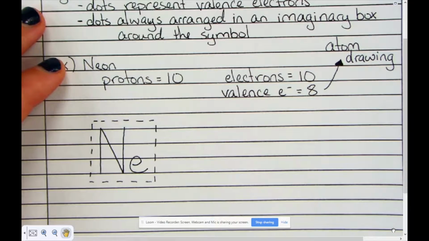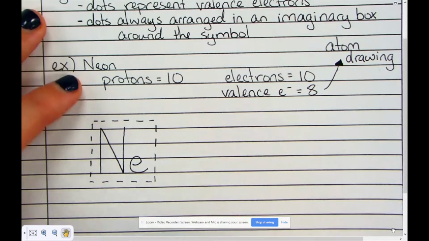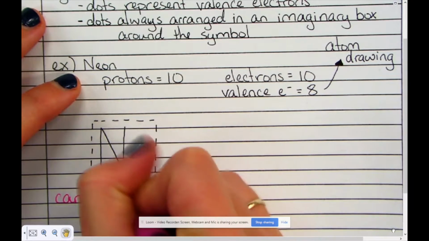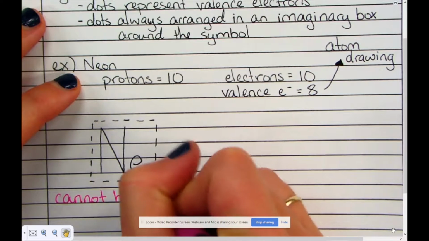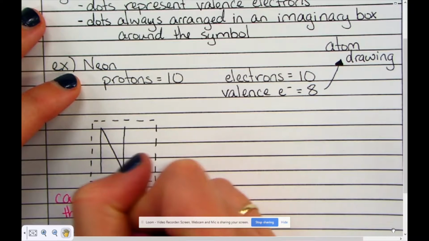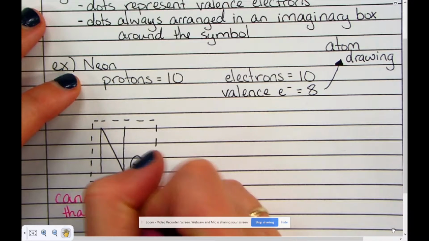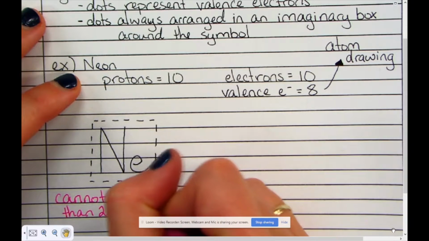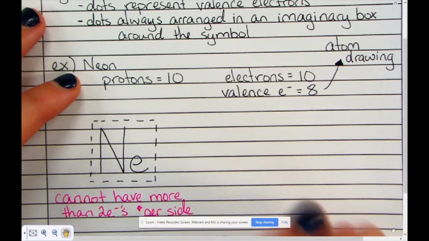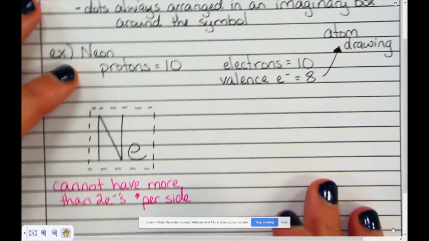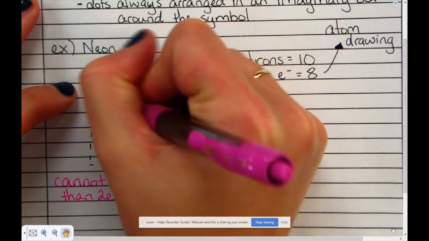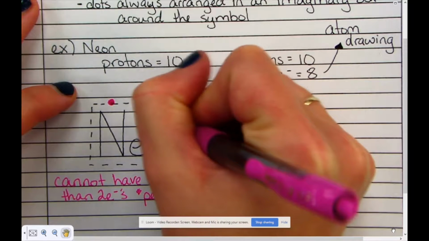But there is a rule for Lewis dot structures. You cannot have more than 2 electrons per side. So I'm going to go through and I'm going to put 1 dot on each side.